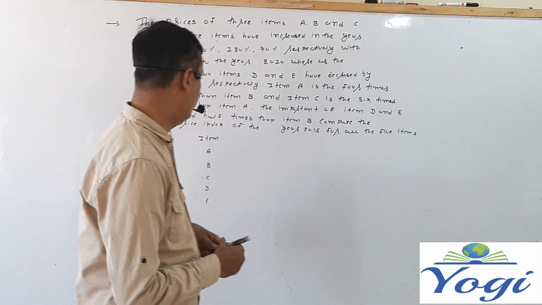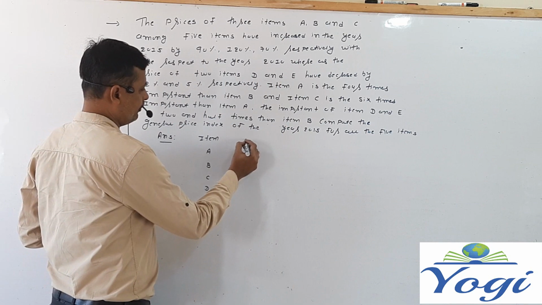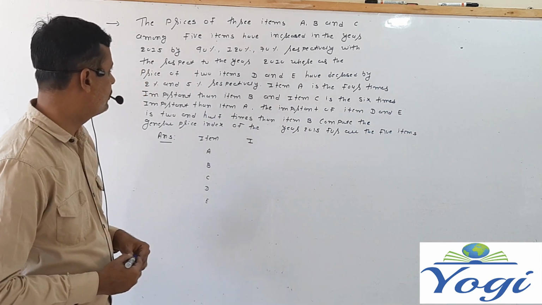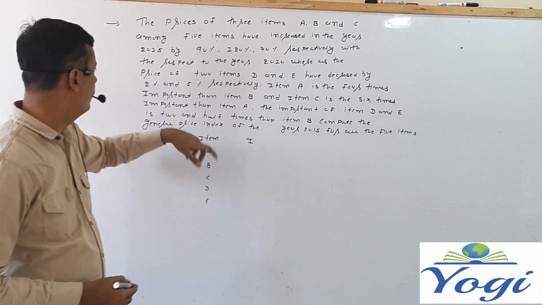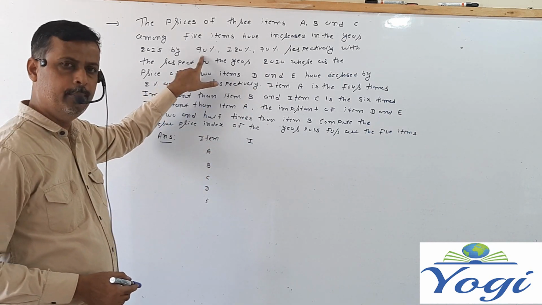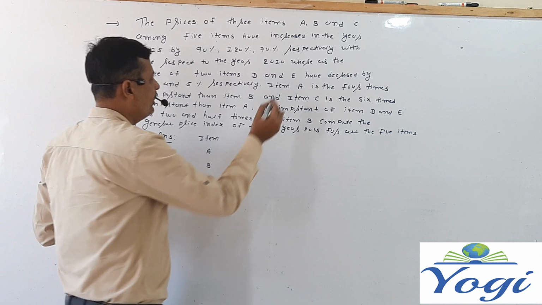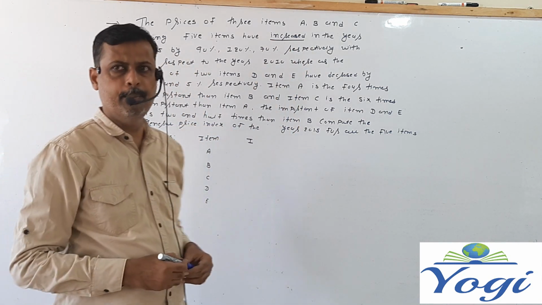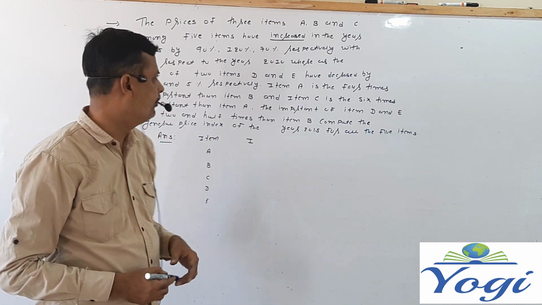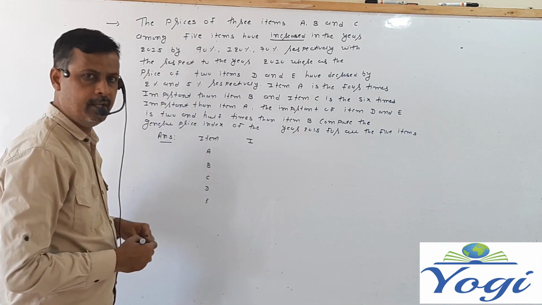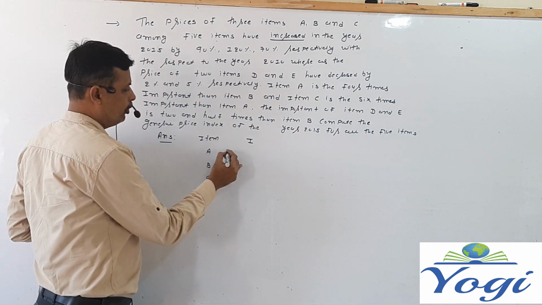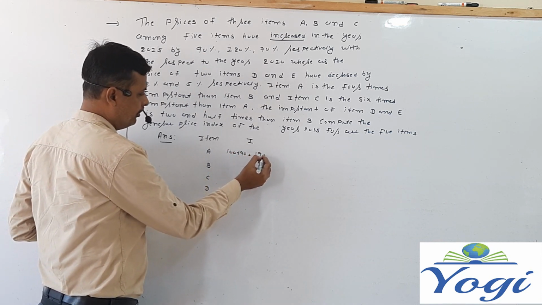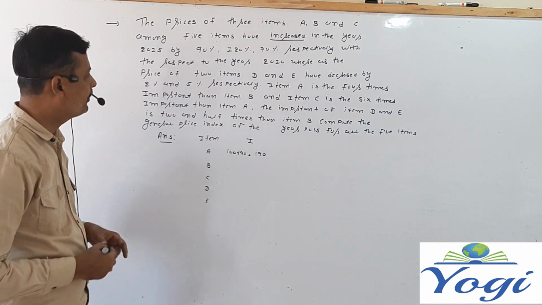Now index I. The price of A increased by 90%. Here the word increased is given, and as we know the base year index is always 100, so we have to add 90 to 100, so it becomes 190.